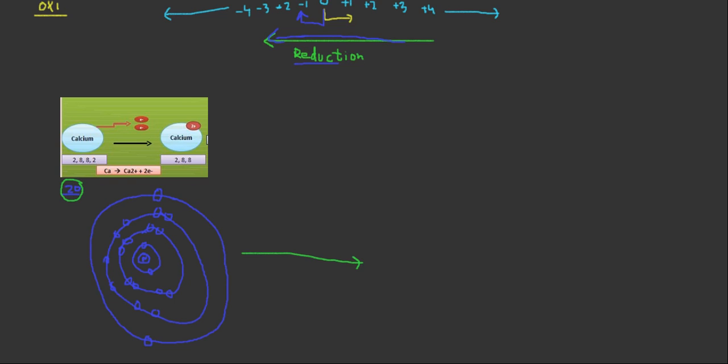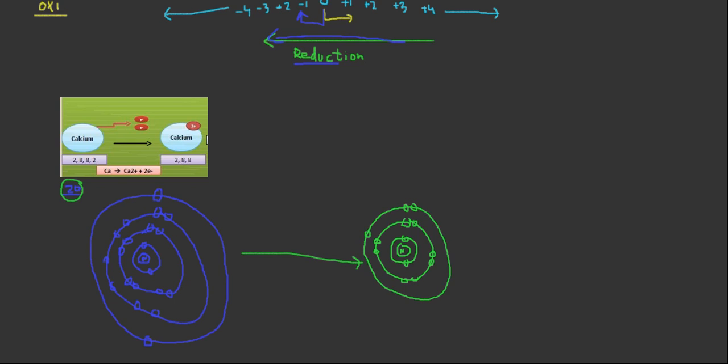After the loss of these 2 valence electrons, it would be converted into calcium ion. Now it could be drawn like this: this is the nucleus. The first shell has 2 electrons, the second shell has 8 electrons, and the third shell also contains 8 electrons.